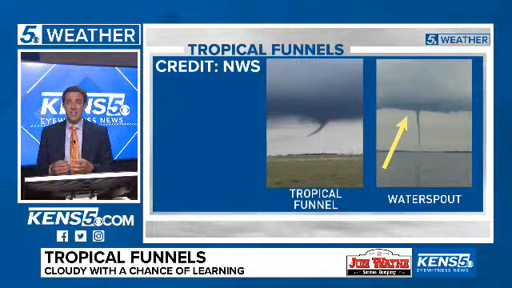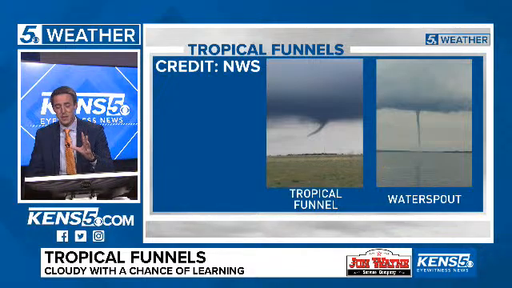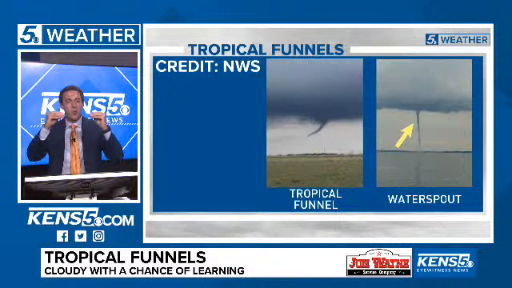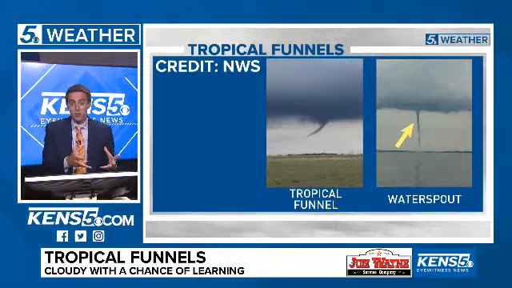So it's not a very large lake, but you can still have a waterspout form on it. This is on the Ross Barnett Reservoir in the Jackson, Mississippi area, not far from where I grew up. This waterspout formed from a tropical funnel, and you can see that the storm structure is lacking. You're not seeing the storm structure you would see with a regular tornado.